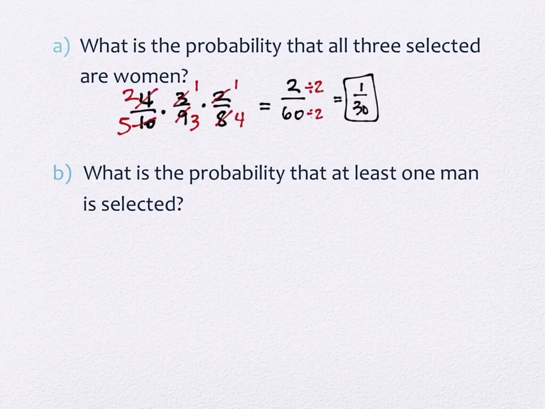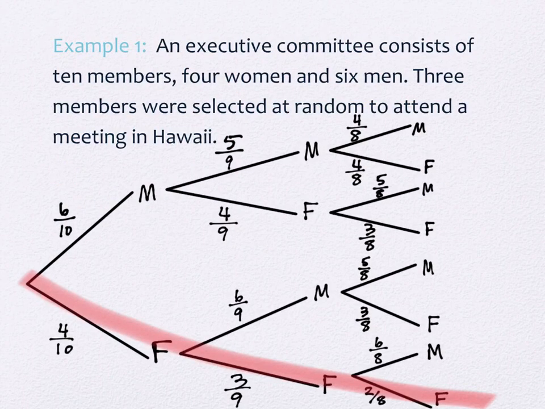Okay, the other one says the probability that at least one man is selected. So the probability of at least one man. So I'd like for us to take a look at the locations where we see at least one man on this diagram.